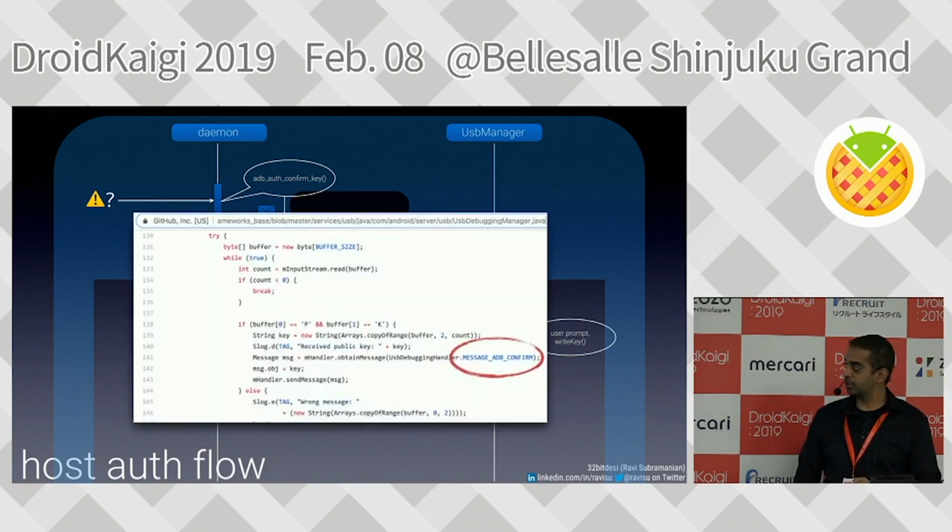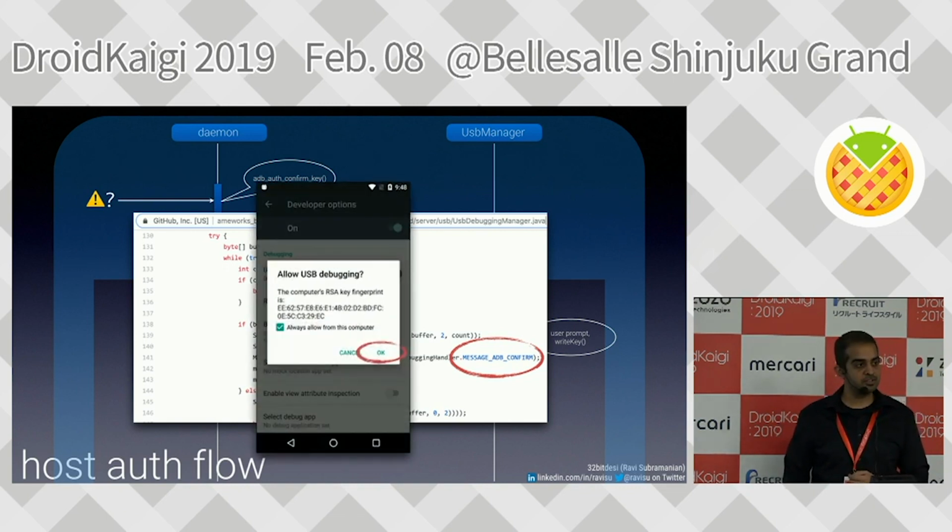If you look here in the code, this is inside the USB debugging manager. Notice on line 138 towards the middle, it's literally checking for the two characters P and K, and then says, oh, all right, let's pop up an ADB confirmation box, which is that famous screen that you guys probably know.